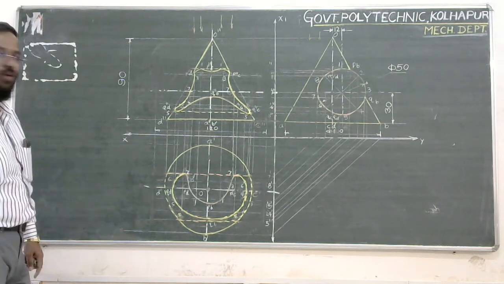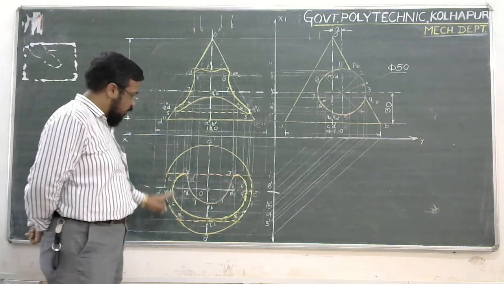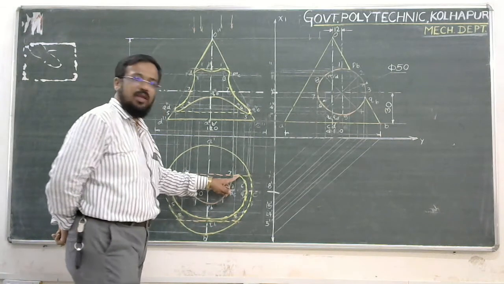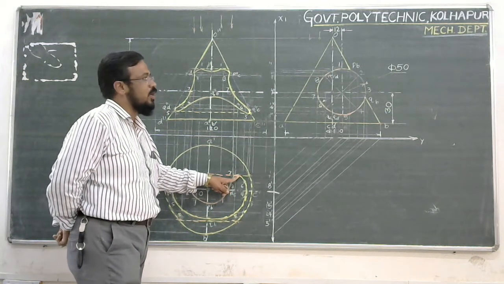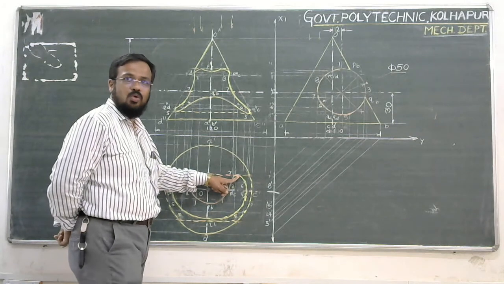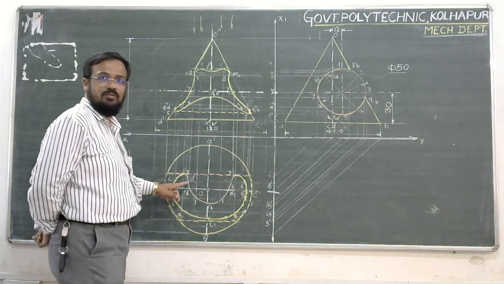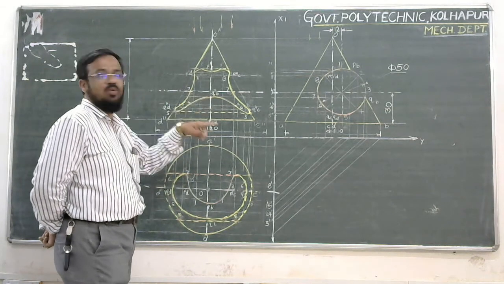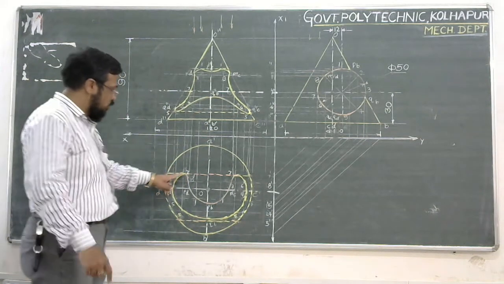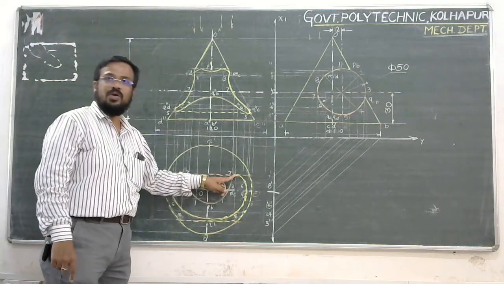Okay. Then what happens? This half portion, which was previously dotted in the example of penetration of a cylinder inside the cone, is now covered with a continuous line, because we have cancelled the cylinder by considering only a drilled hole. So this comes out in the form of a continuous line.